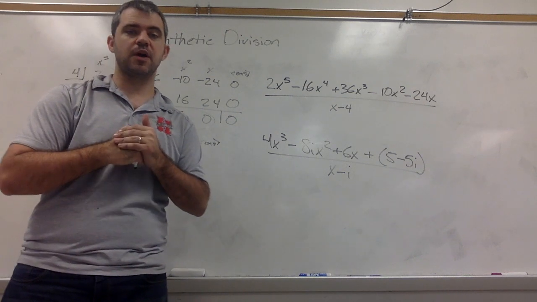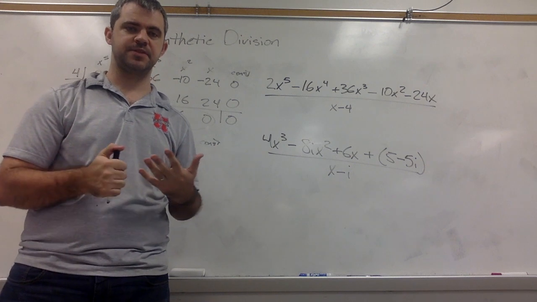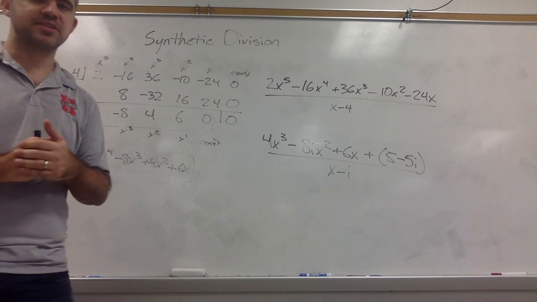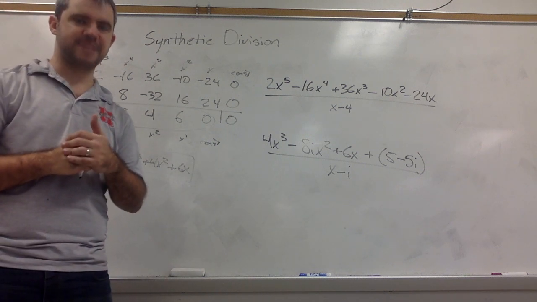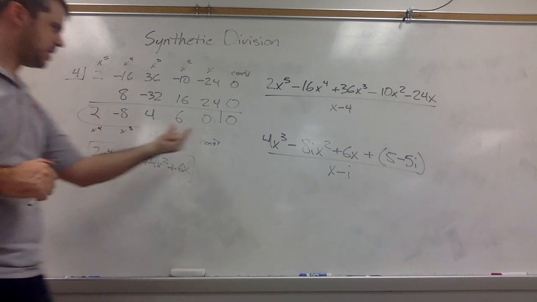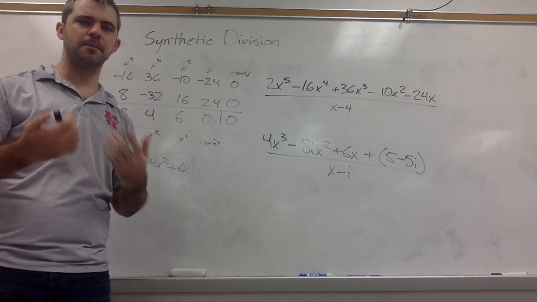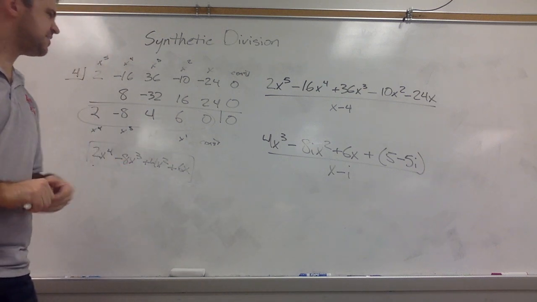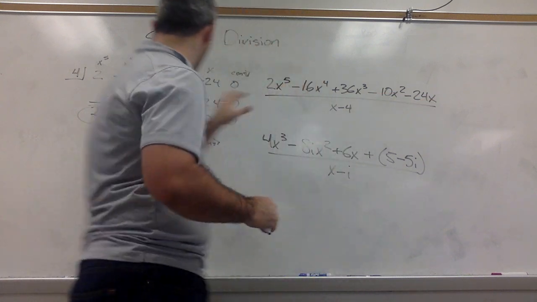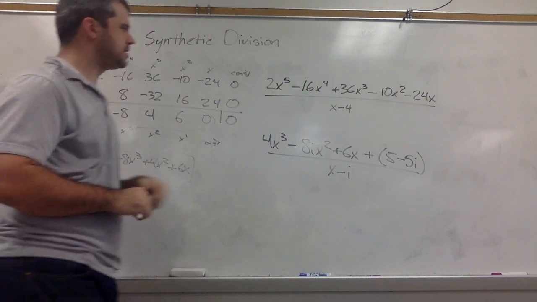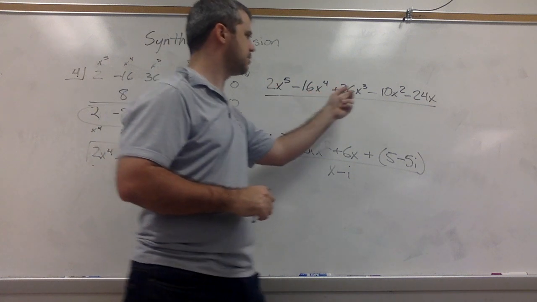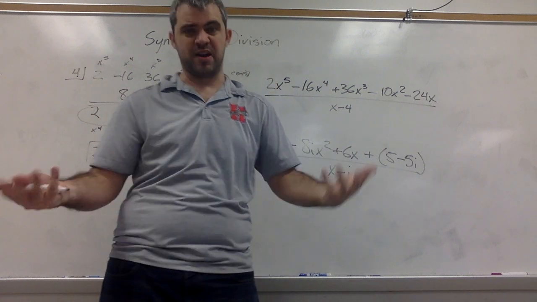Now, something that's very useful about this, there's something called the polynomial remainder theorem. And basically what the polynomial remainder theorem says is that when we do this division by this root, and we get this remainder, that remainder is going to be the same thing as if I actually plugged 4 into here. Now, I know this seems complicated, but it would actually be really hard for me to plug 4 in here, 4 in here, 4 in here, 4 in here, 4 in here without a calculator.